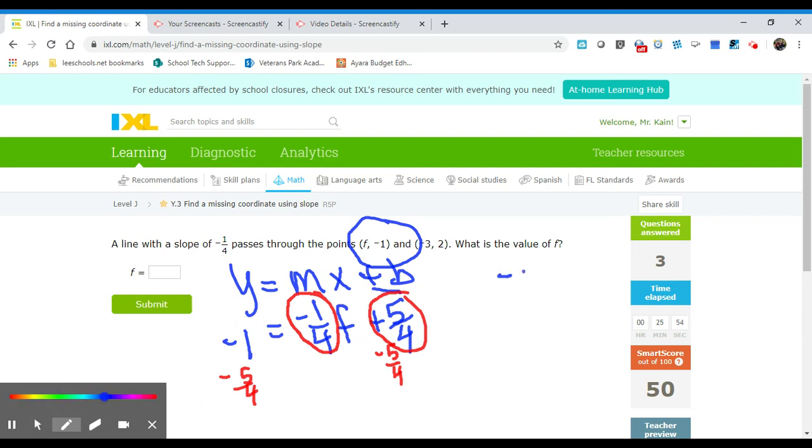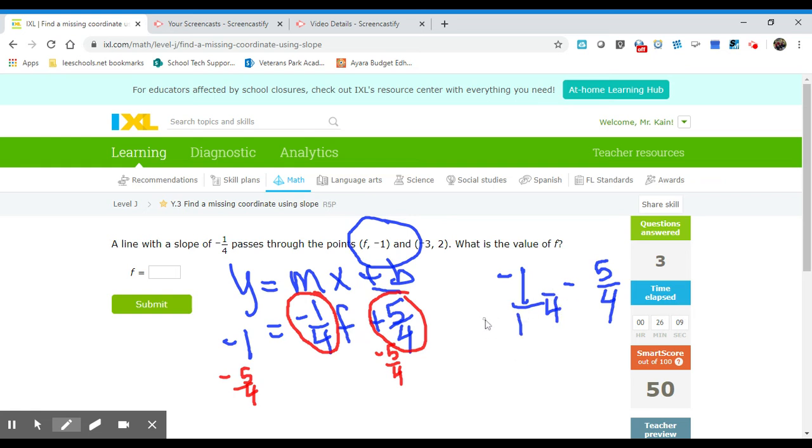So -1 minus 5/4. Okay, so remember, in order to add or subtract fractions, you need to have a common denominator of 4. Right now, this is -1 over 1. So if I multiply this by 4, it gives me 4. And I need to multiply this by 4 to give me -4/4.